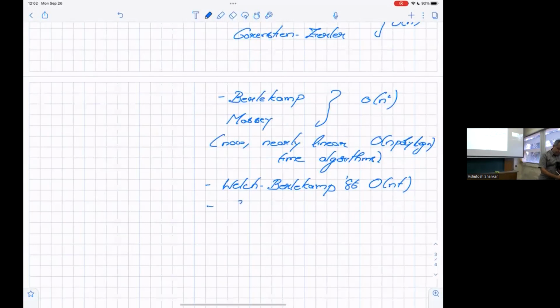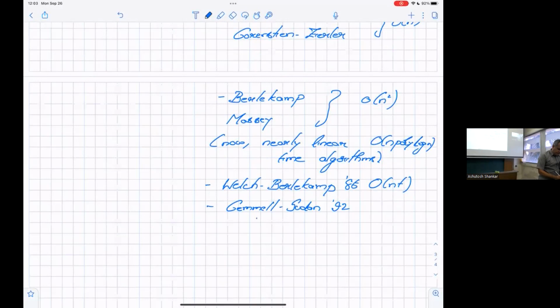Then Gemmell and Sudan in '92 didn't do a new algorithm, they just gave a reinterpretation of the Welch-Berlekamp algorithm, which is what we will do in class.